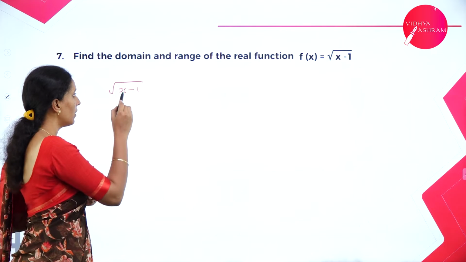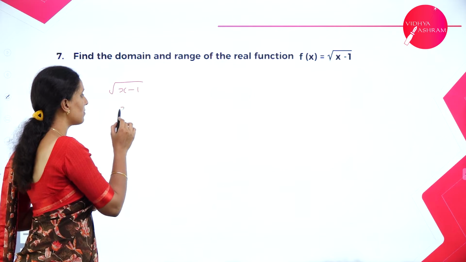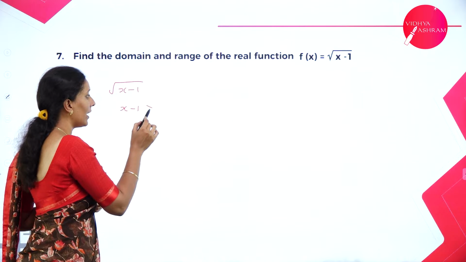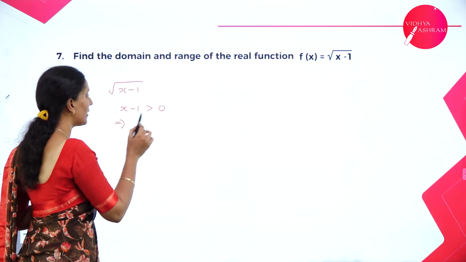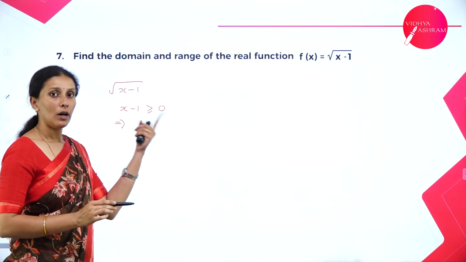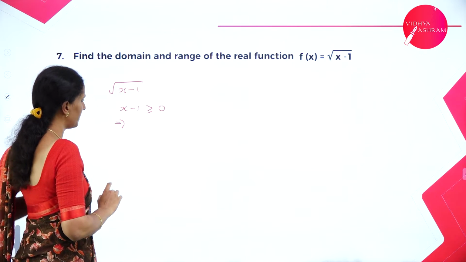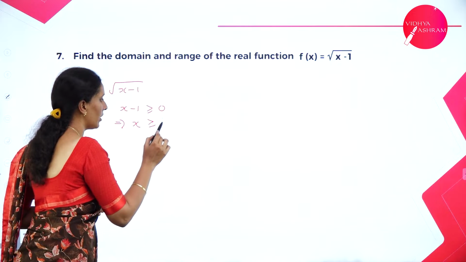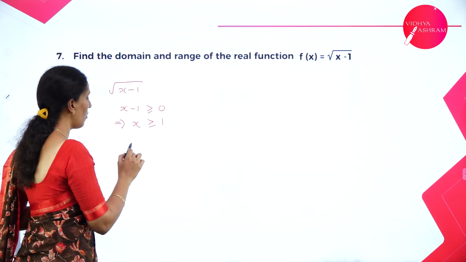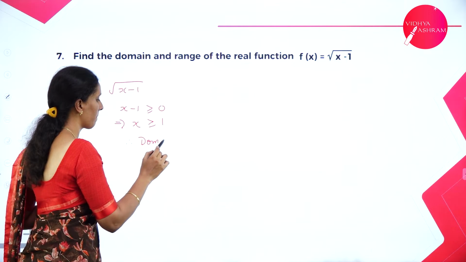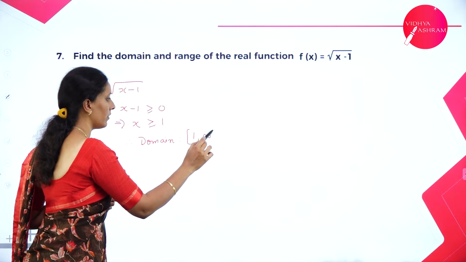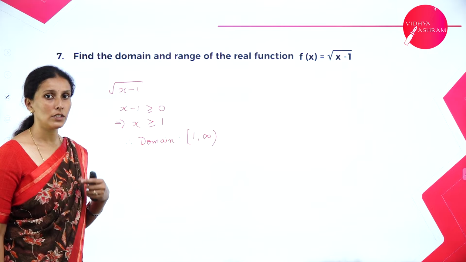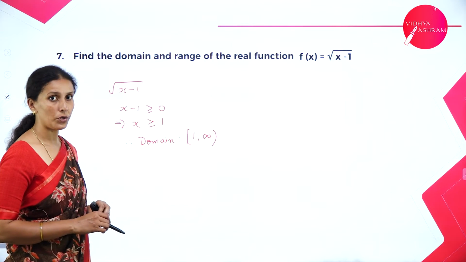So clearly, x - 1 is greater than or equal to 0. So therefore, the x value is greater than or equal to 1. So therefore, the domain of this function is [1, infinity). It can be any real number greater than or equal to 1.